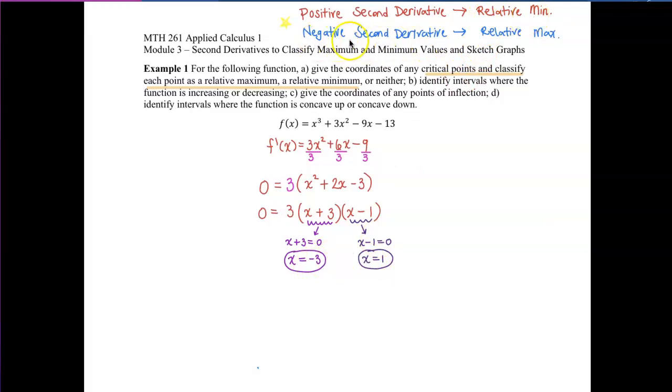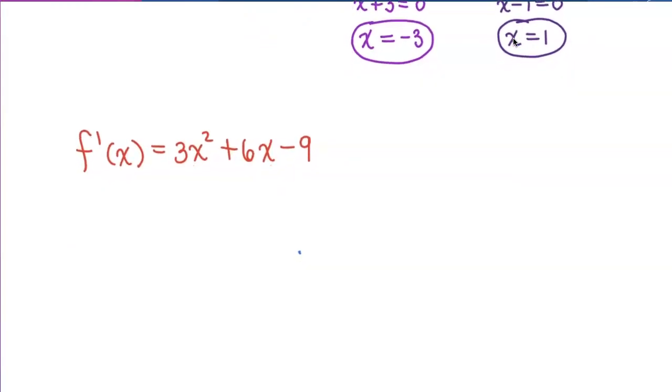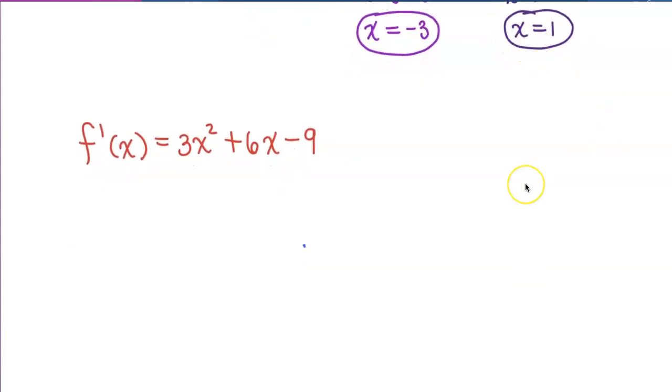If it comes out to be negative, we're going to say that's where the relative maximum happens. So we will need to find the second derivative. Now notice that the first derivative was f prime equals 3x squared plus 6x minus 9. All right, I'm going to go and find the second derivative.